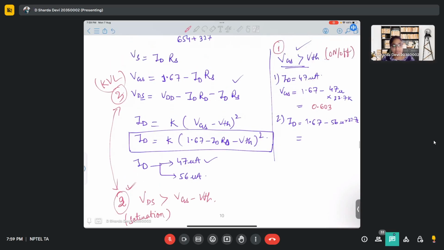So you should go in this pattern, 1, 2, then 3, to make sure that your device is on, it is working in saturation, and it is also satisfying your KVL, because KVL comes at the end. These two are at the device stage itself, whereas this takes the interplay of your components as well, resistors and all, directly. So yeah, that is the idea.